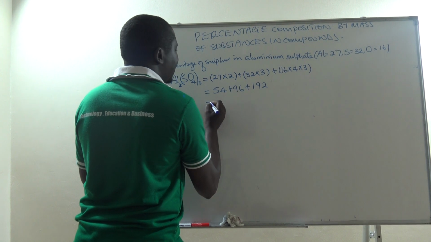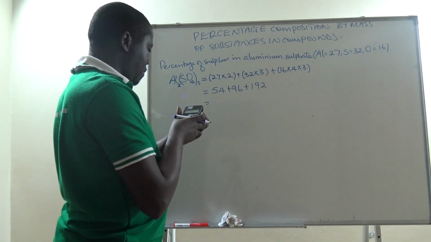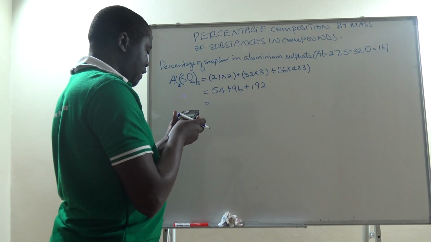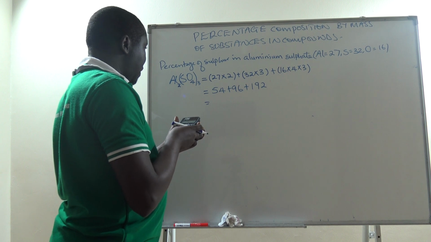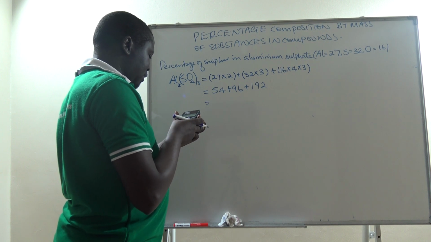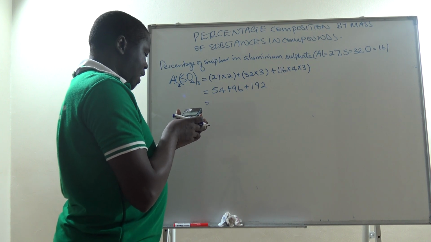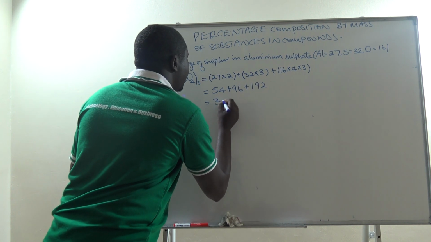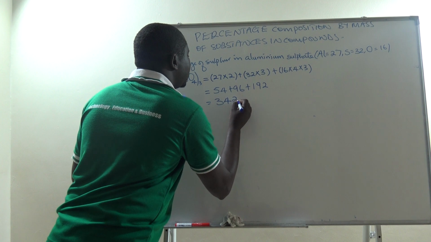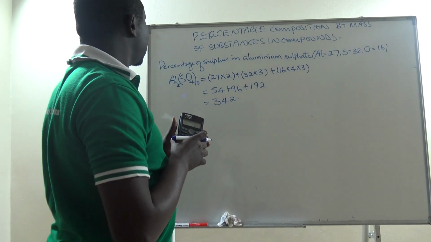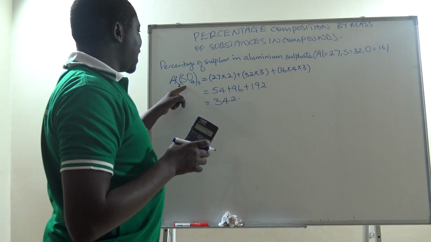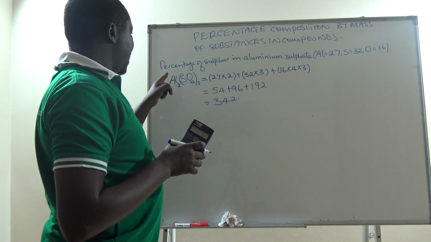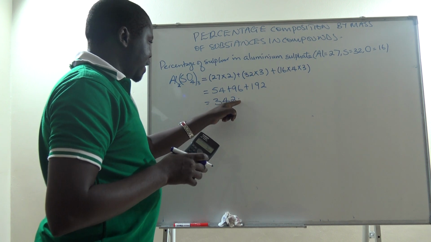Now let us sum them up to be 54 plus 96 plus 192. It gives us a total of 342. This is the mass of 1 mole of aluminium sulfate, or in this case it is the relative formula mass because it has got no unit.